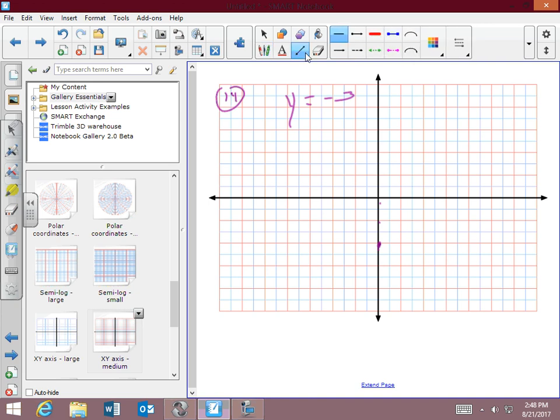So what it is, is all points that have y equals -3. If I do this to it, right? That means the line just goes on forever, right?